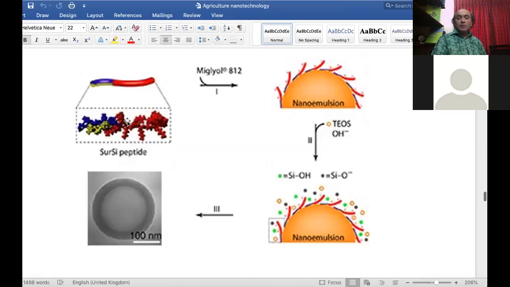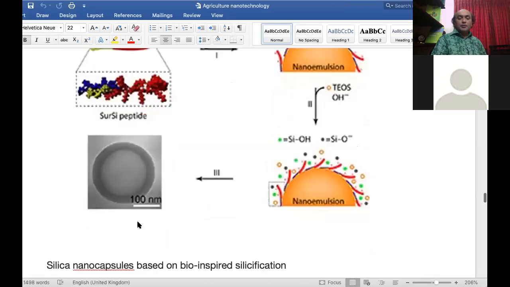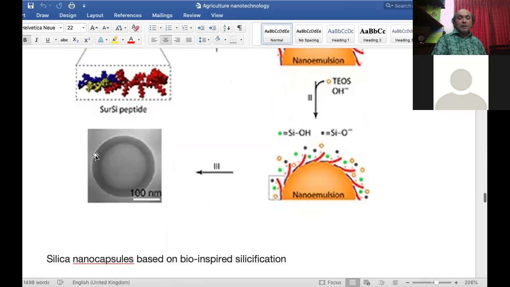For example, a certain peptide is a nanomaterial, and then you can make it in emulsion, and then finally it can be encapsulated by the silica particle.